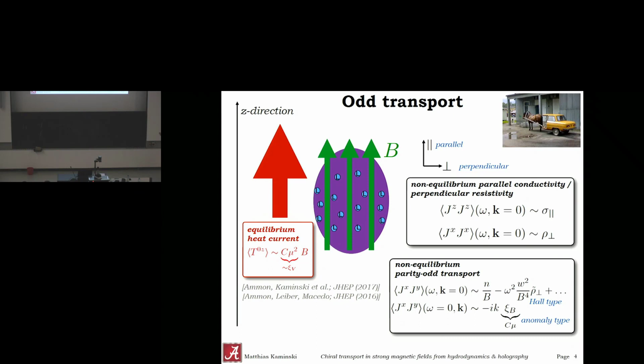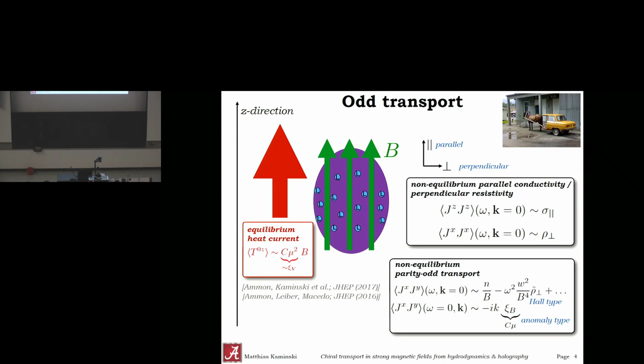However, if I take the perpendicular one, J_x, so this is perpendicular to the magnetic field, then suddenly essentially the same quantity, but with J_x, gives me a resistivity. But that's odd, as promised. There's some more oddity in this transport.